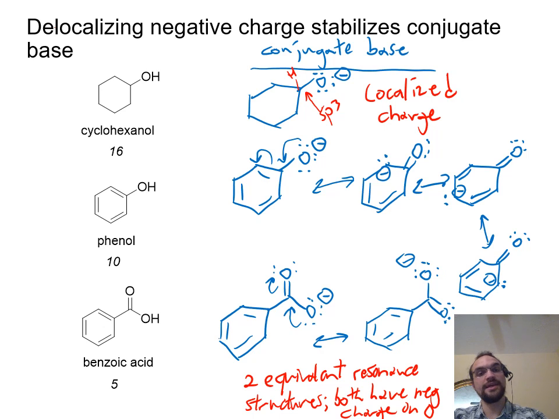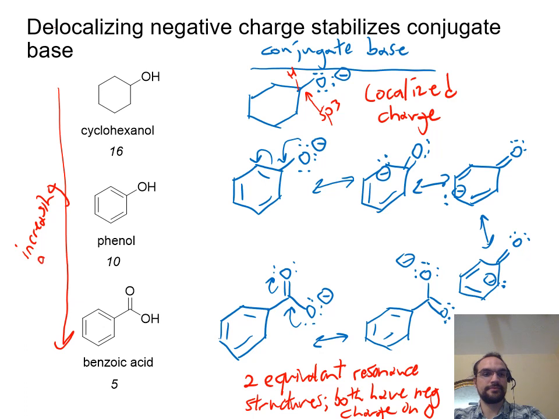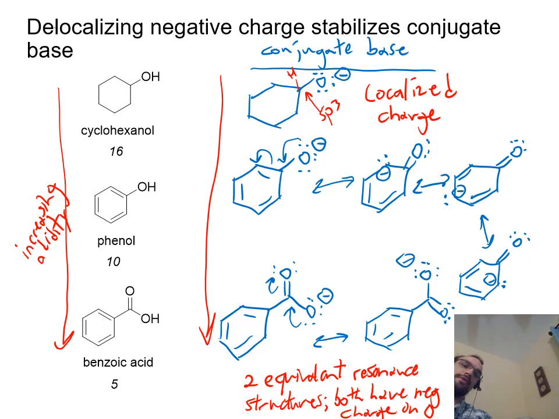And so that explains this difference in pKa values as we go from cyclohexanol to phenol to benzoic acid. We're becoming more and more acidic, increasing acidity. The reason for that is as we go in this direction, we are at the same time seeing increasing conjugate base stability.